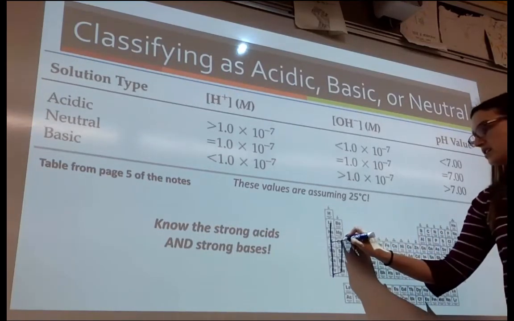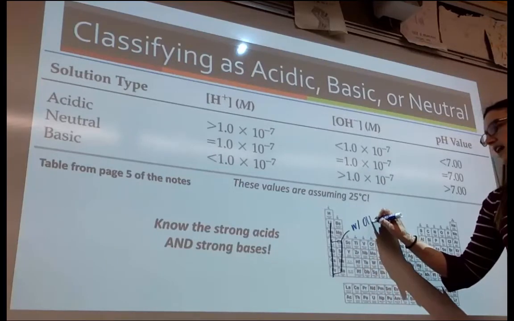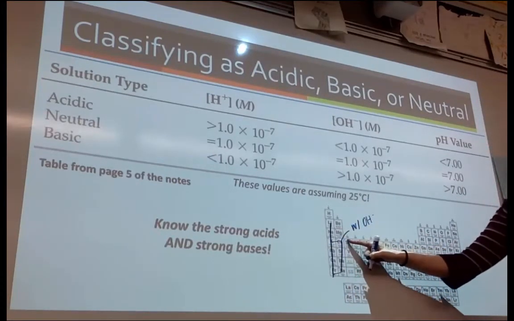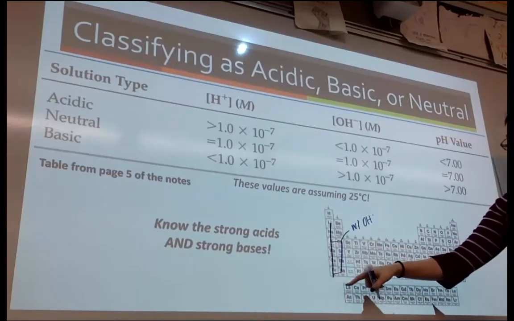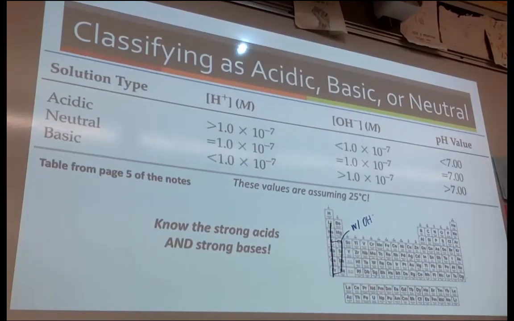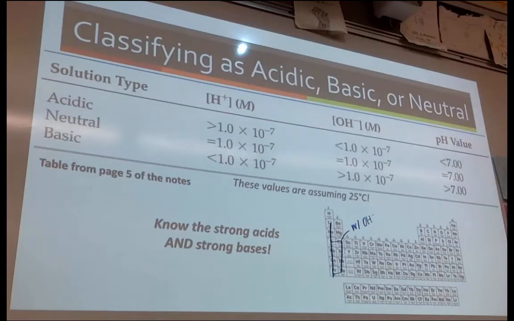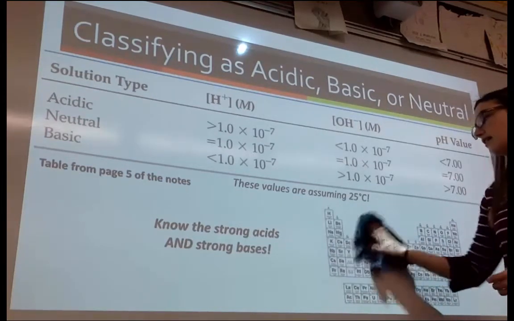Any of these with hydroxide, like LiOH, CaOH2, KOH, SrOH2, those are strong. If it's not one of these metals with hydroxide, it's not strong. Just like if it's not one of the 7 strong acids, it's not strong. That's going to help us as we go through some of our pH calculations today.